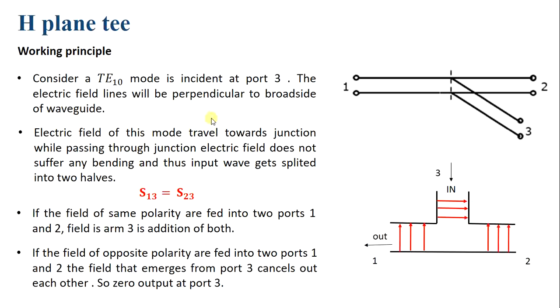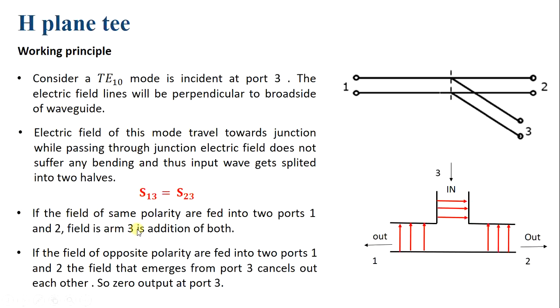So if we provide input at port 3, we get outputs at port 1 and port 2 with the same magnitude and the same phase. So we can write S13 equal to S23.